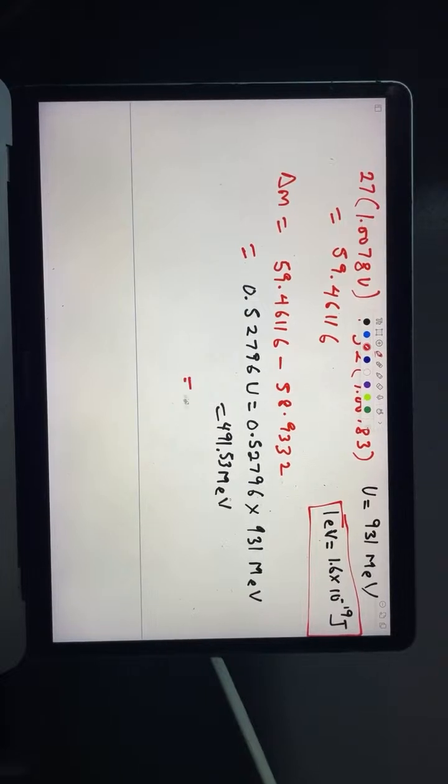So this is equal to 491.53. Now this is just showing mega. You know how we used to have megabyte, kilobyte. Mega has a power of 10 raised to power 6.